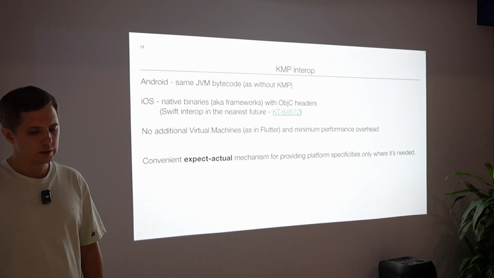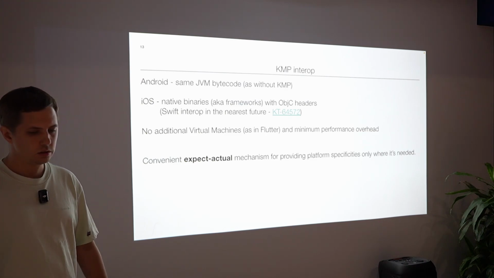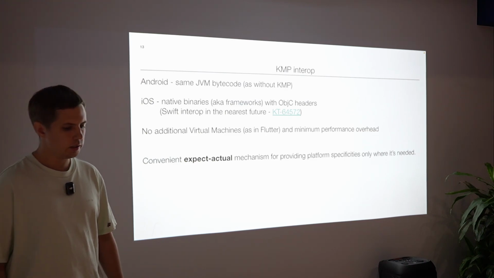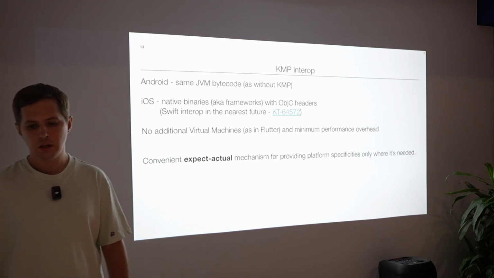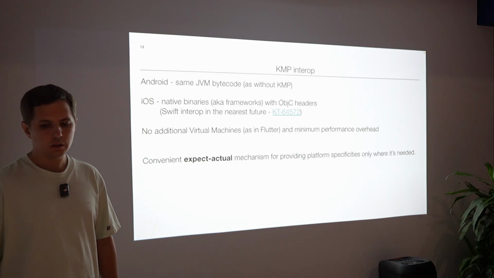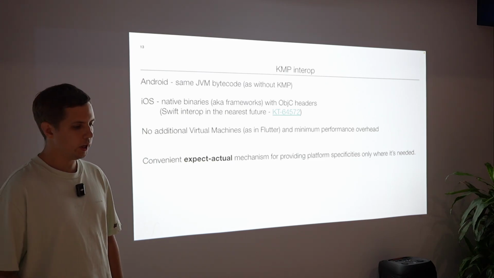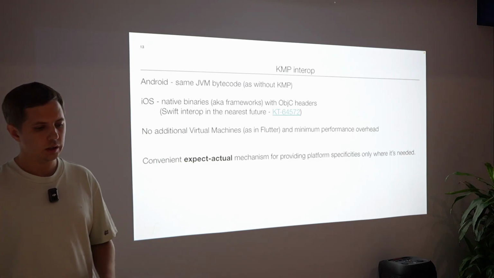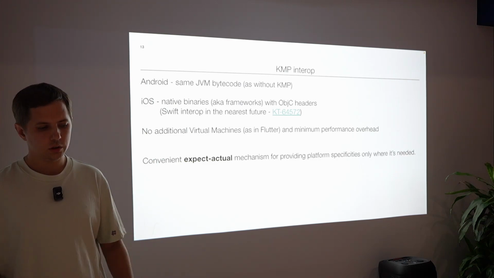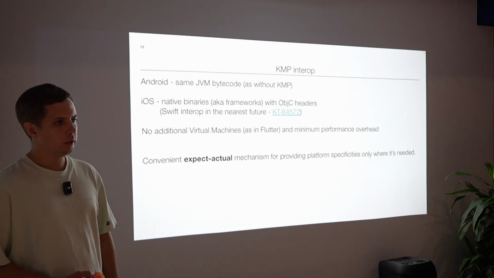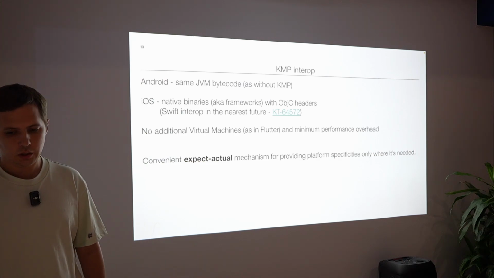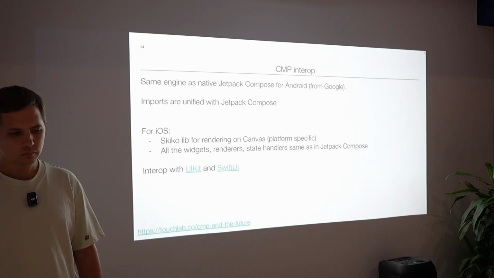It gives us a smaller binary size and less performance overhead. And last, we have a convenient expect/actual mechanism that allows us to share most of the code and only write the code which needs to be written in native platforms in a very convenient way.